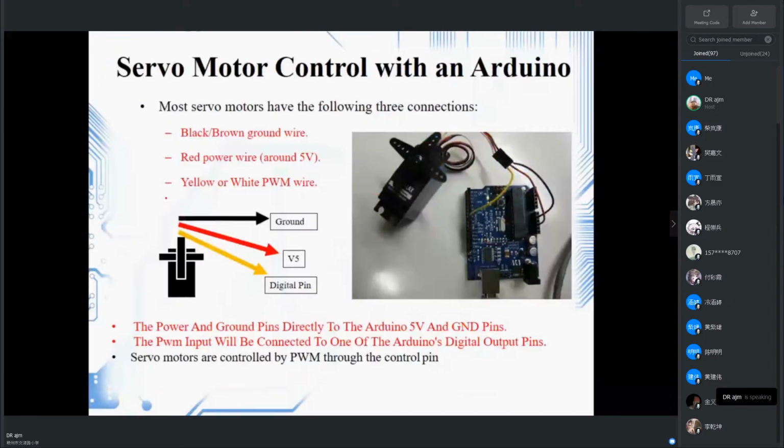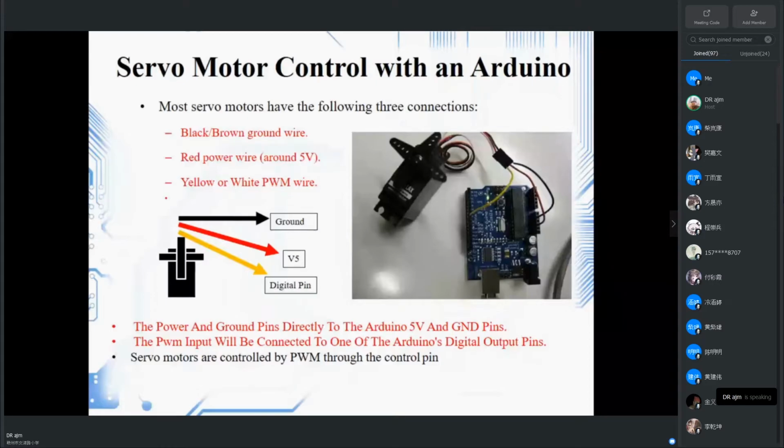Then if I want to connect my Arduino board, the hardware connection is not difficult. I just need 5 volt, ground, and one pulse pin, which is specified on my board. Suppose on Arduino Uno, pin number 9 or some other pins are specified for PWM.